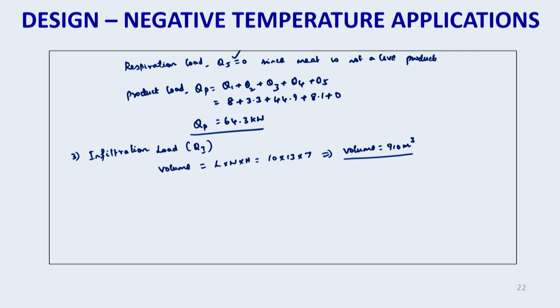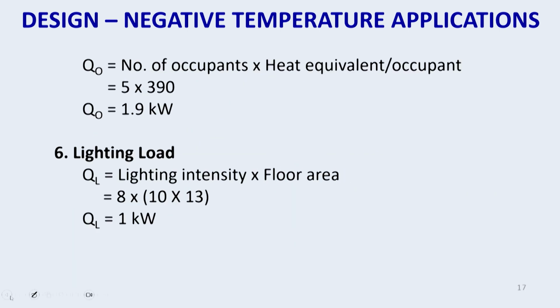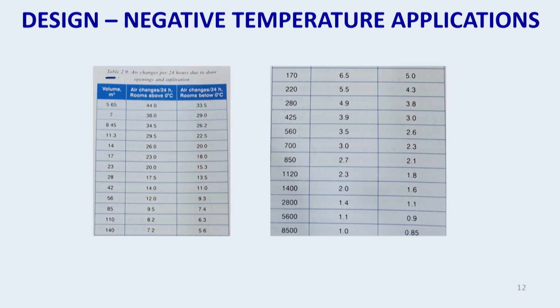Next, we need to take the value of the air changes per 24 hours, or per day, from the table in order to calculate the volumetric flow rate. So from the ISHRAE cold storage design guidebook, let us refer to table 2.9.